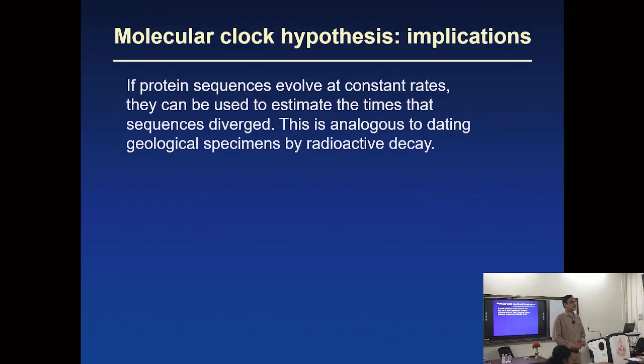People have been timing the evolution of organisms using different methods, not just this, using geological specimens, I think. So if you are able to gather the information about the rate of evolution of the sequences, then you should be able to infer, because it is difficult to get this, okay.